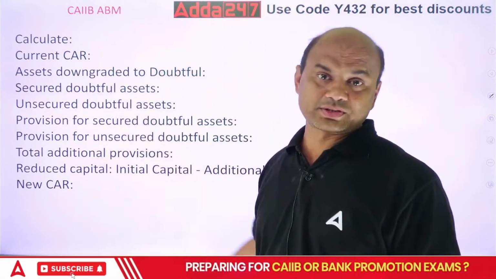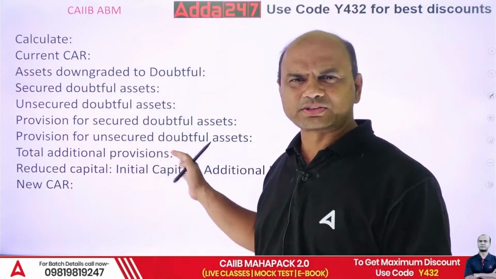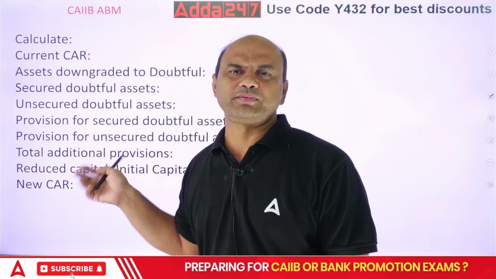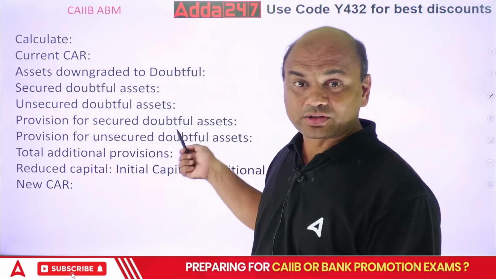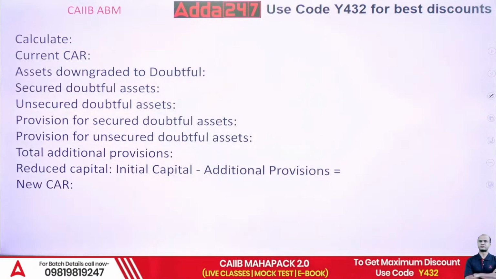So many questions are there. Out of these, some 4-5 will be asked in the exam. It is a 5 marks case study, so 5 marks, 5 questions. Let's solve one by one.